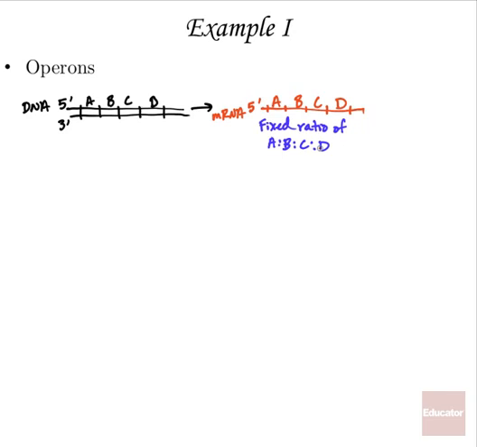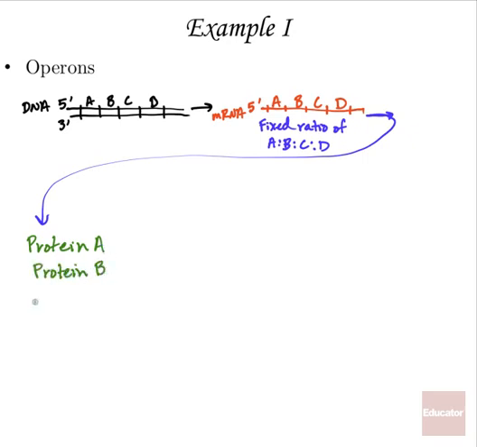Now, what this will make is then for example, protein A. Protein B. Protein C. And protein D.